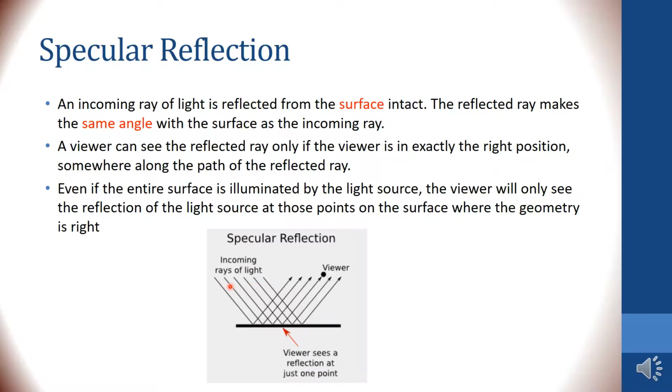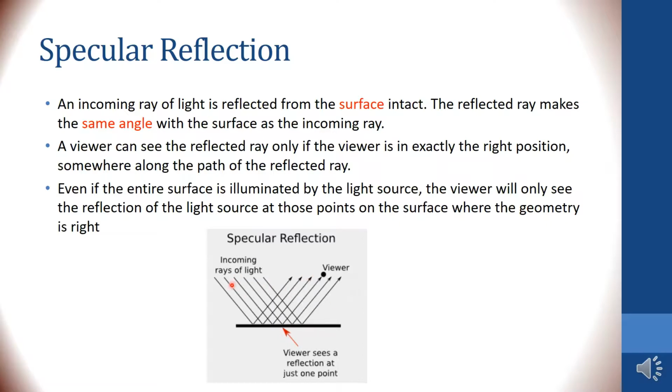When a ray of light hits this surface, the material, it will be reflected from this surface, and the reflected ray makes the same angle. This ray of light makes an angle and then reflects to this ray, and this ray reflects to this, and so on.